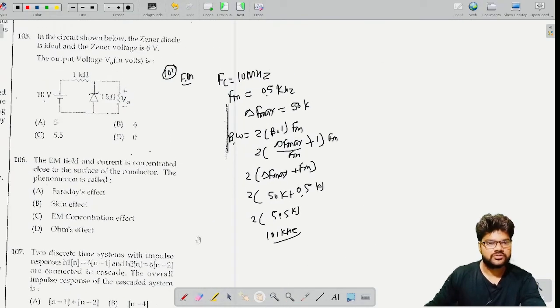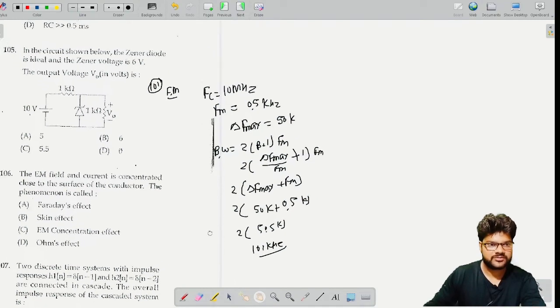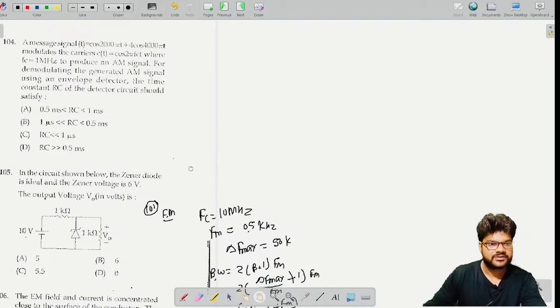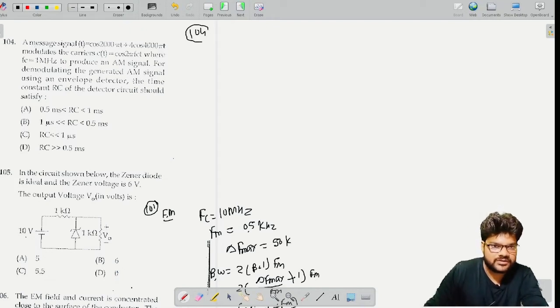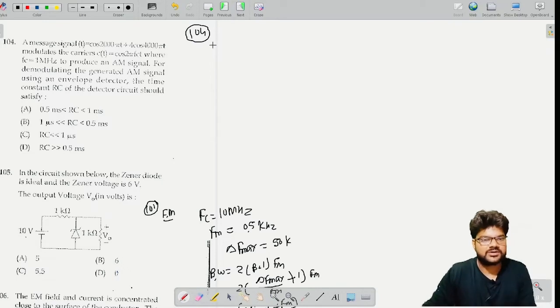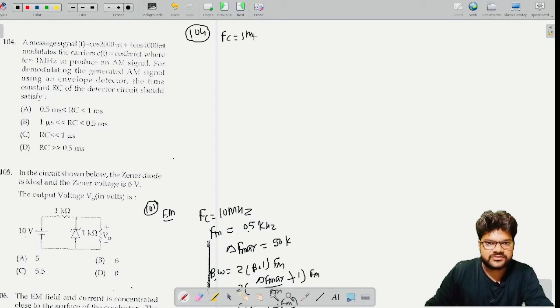So let us go to next question, that is question number 104. In 104 the question is again from communication systems. A message signal cos 2000 pi t plus 4 cos 4000 pi t modulates the carrier c(t) equals this much cos 2 pi fc t. fc we are given is 1 megahertz, to produce an AM signal.